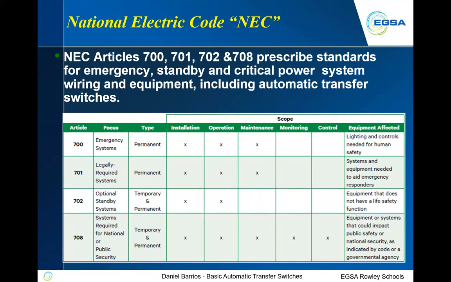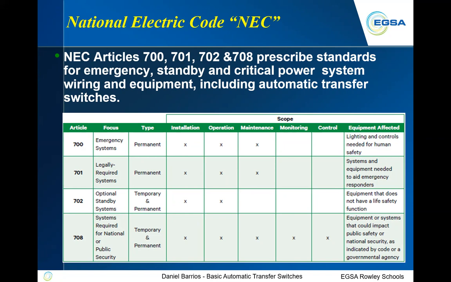You must have a permanent generator. When you look at 701, that is legally required. There are different stipulations to that, okay? Optional standby, believe it or not, is what a data center falls into, but obviously those people have permanent power that needs to be backed up with generators.